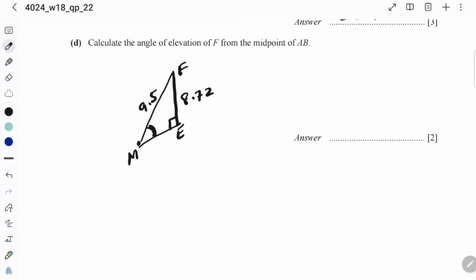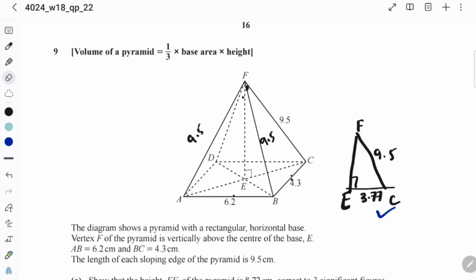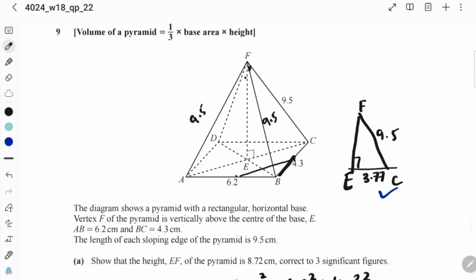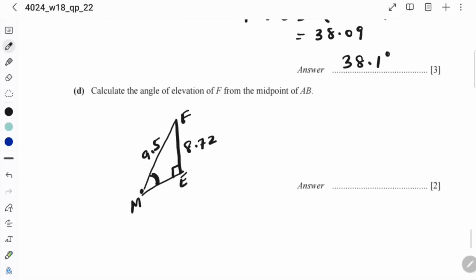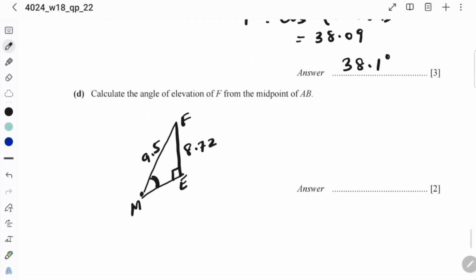So we apply again SOH CAH TOA to calculate this angle M. Here, from M to E, we'll calculate this much, which is half of 4.3. So half of it will be equal to 2.15.